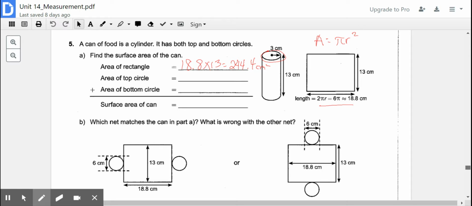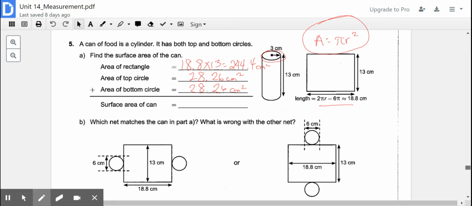And I get 28.26 centimeters squared. Again, I'm using this formula here, pi times the radius squared. Now the area of the bottom circle is going to be the same as the area of the top circle. The top and the bottom are the same.